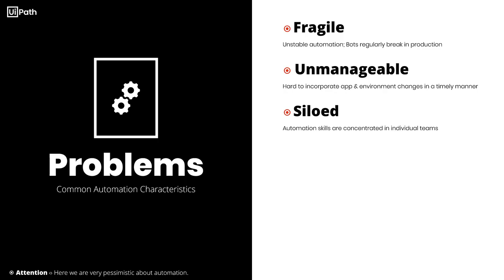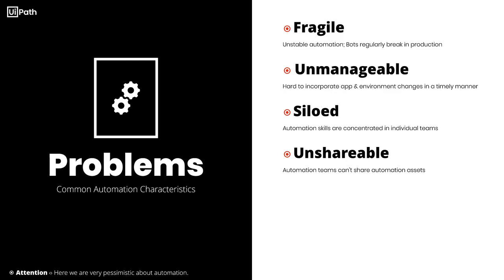And as a result of this, the automation skills in an organization often become unexploited. Now, in addition, these teams usually don't have a platform to collaborate on automation, to, for example, share automation assets with other teams and reuse automation assets from other teams.